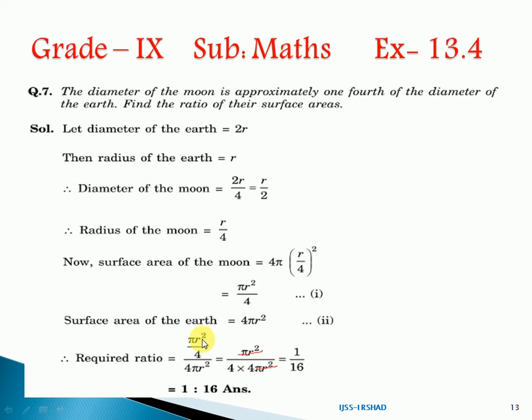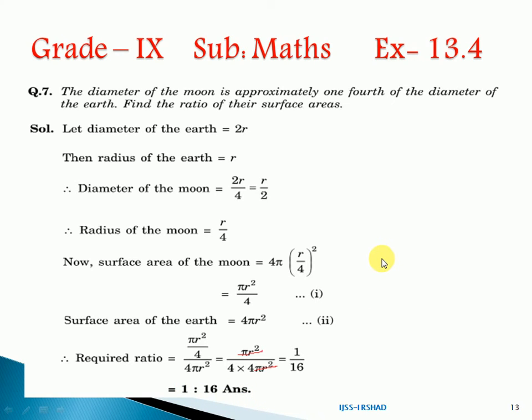So it will be written as pi r square by 4 divided by 4 pi r square. Denominator is nothing, 1, so 1 will go up and this will come down. Here pi r square you can cut. What will be left here? Nothing, means 1, and here 4 into 4 is 16. So 1 by 16, that can be written as 1:16.